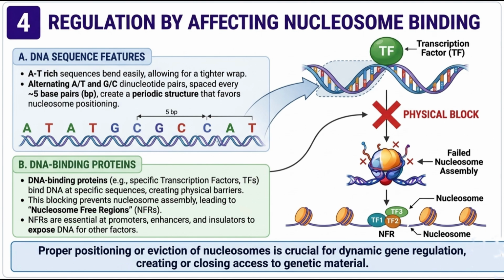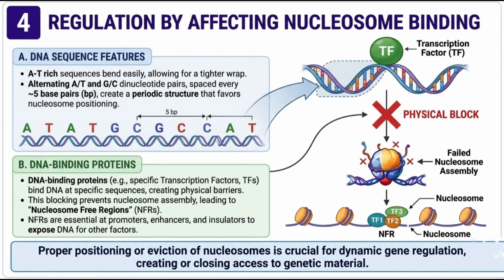DNA binding proteins can also block nucleosome assembly nearby and create nucleosome-free regions. Such nucleosome-free regions are commonly found at promoters and enhancers where transcription factors need access to DNA. Thus, chromatin accessibility is tightly controlled by nucleosome positioning.